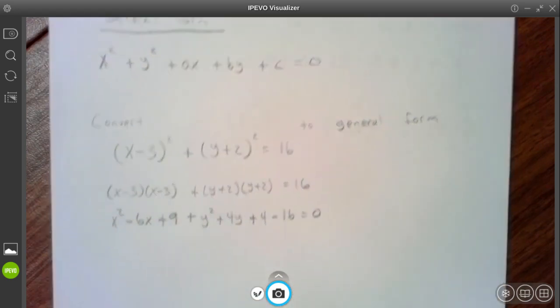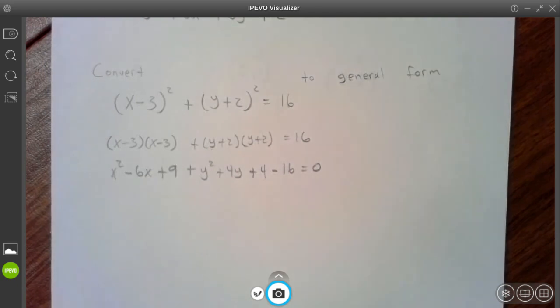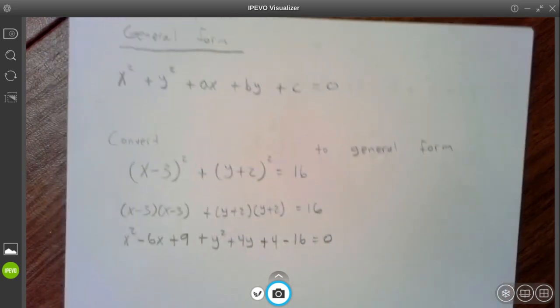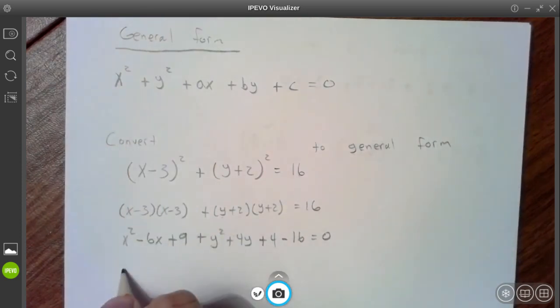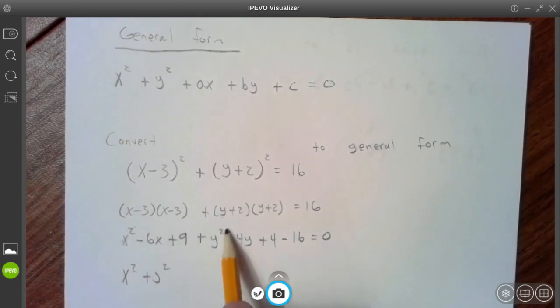All right. So everything's been multiplied out. Now, as far as the terms go, we want to put our quadratic terms first. So it'll be x squared plus y squared. All right, that's those two. And then we'll put our regular linear term, our x term. And then we'll do our y term.